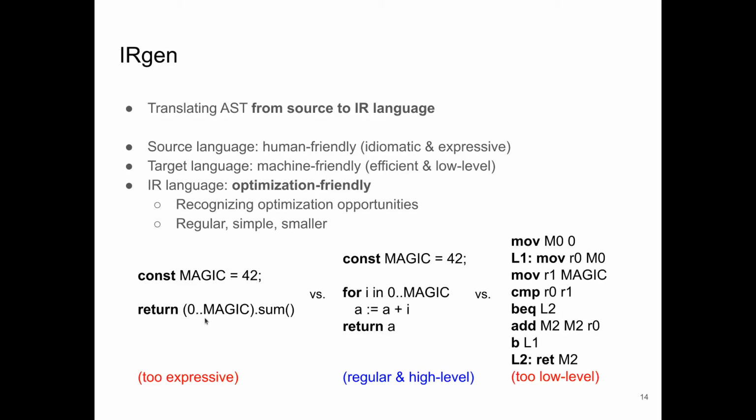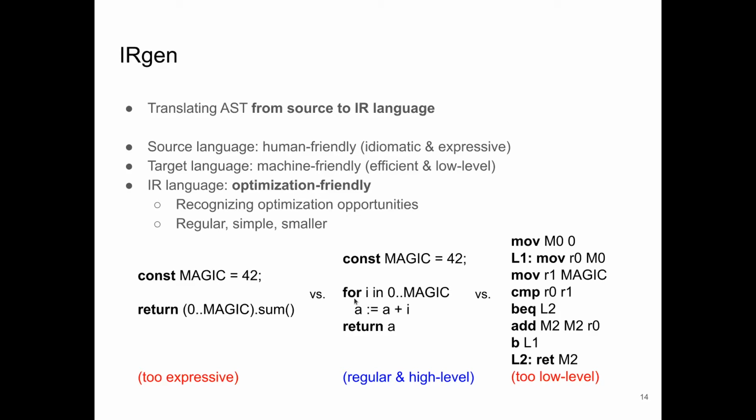It has too rich a structure in this computation, so it is not easy for compilers to recognize the structure of the computation. On the other hand, the right side code is written at a very low level, and it's very difficult to find the computational structure as well. So we want to find some intermediate representation here, like this, that represents the structure quite well.